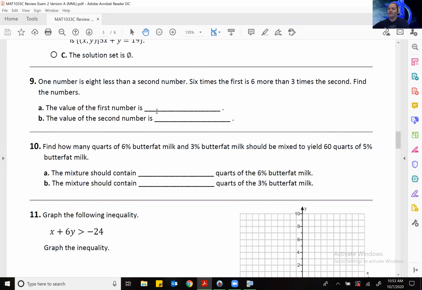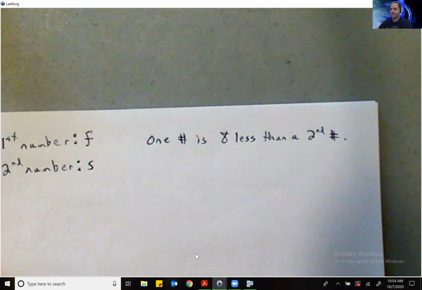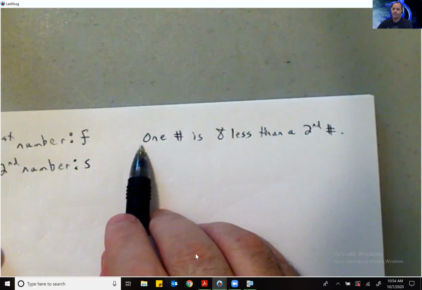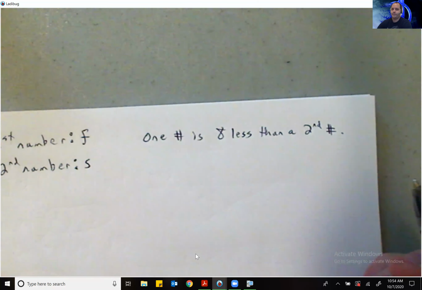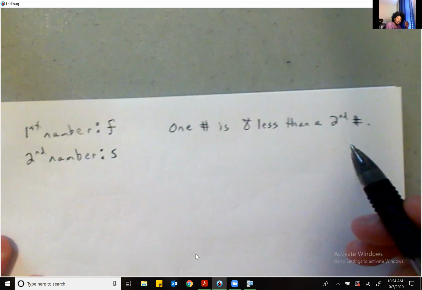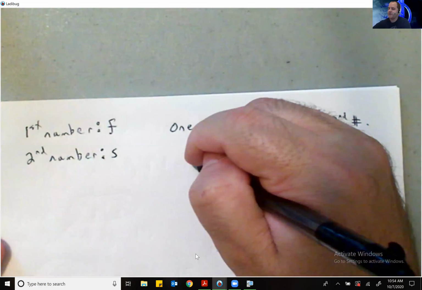All right, so let's take this first sentence because we got to get our equations. It says one number is 8 less than a second number. So let's translate this. Who is one number? F, that's the first number.